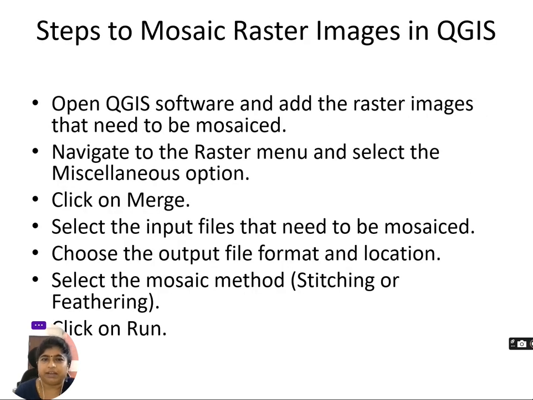Next, how to carry out this mosaicing process? For that, just open the QGIS software and add all the images, either digital elevation model or any of the raster images. First add all the tiles. So once you add everything, then go to raster tool, raster, and under raster select miscellaneous option.